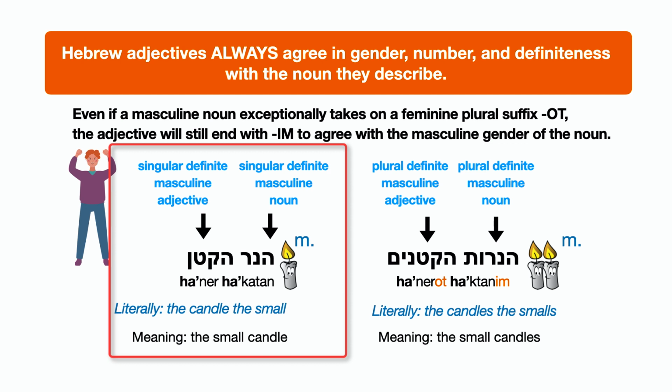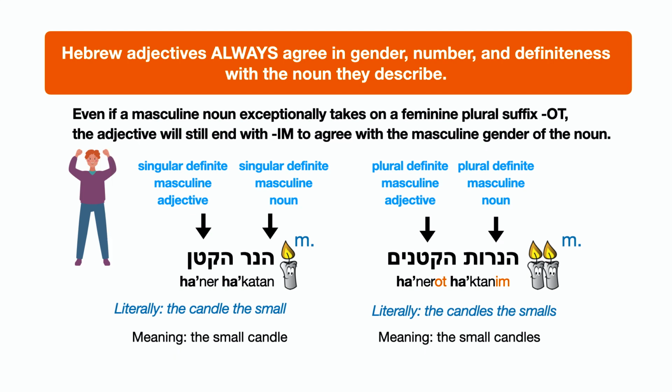We're talking about a particular candle, a definite candle. So haner, ha means the, the candle, haner, the small one, hakatan, the small candle. That's how we say the small candle in Hebrew, haner hakatan. So we use the article the.